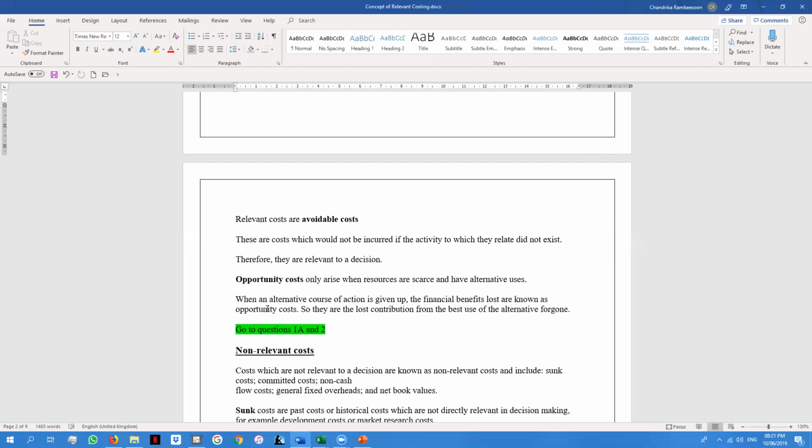You know, if for example, let's say you currently have an apartment which you rent out, and you earn $5,000 a month from renting the apartment.